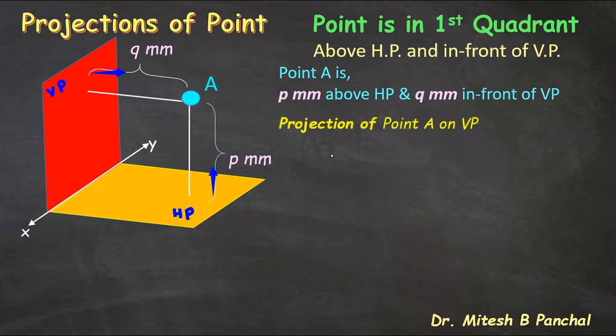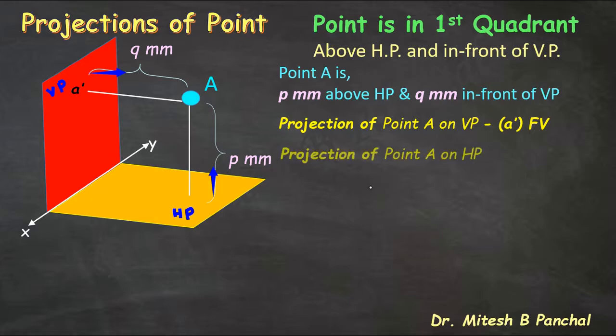We already discussed in an earlier session that the projection of an object on VP gives the front view. So the projection of point A on VP is the front view. The object is denoted by a capital letter, and its projection is denoted by a small letter, that is a dash. That is nothing but the front view.